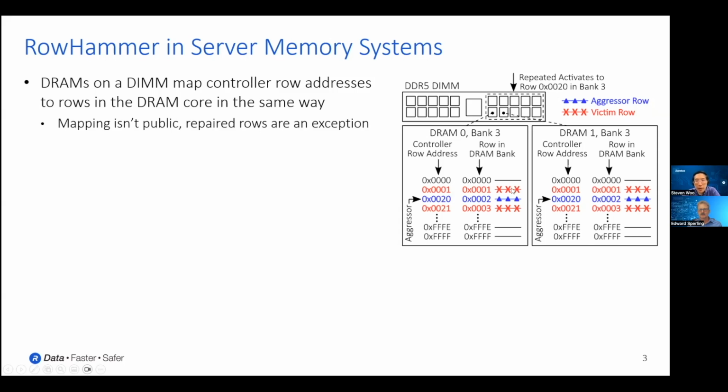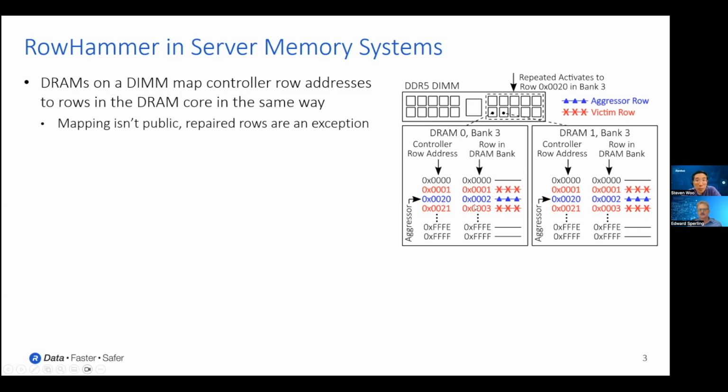You can see two different DRAMs that are part of the group of DRAMs that respond with the data. You can see the controller row address in this first column, and the actual location in the DRAM bank where that address maps. I made up this mapping, but basically here row addresses 0 and 1 map to the first two rows in the DRAM bank, but controller row addresses 20 and 21 map to the next two.